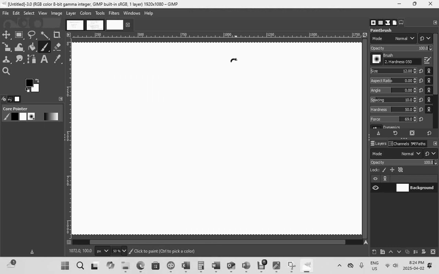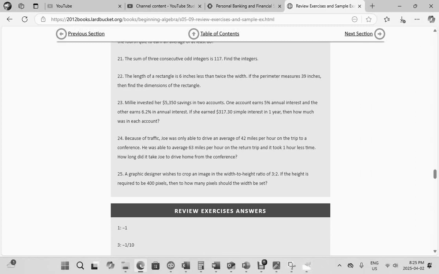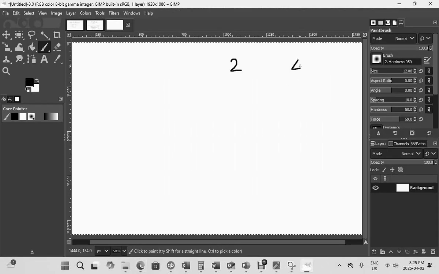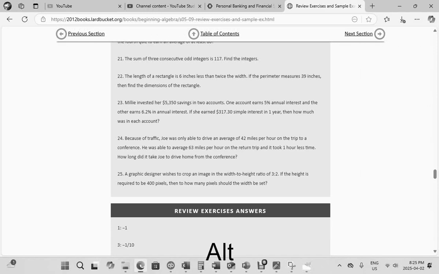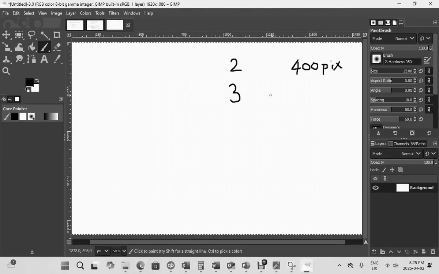So we know that from our ratio 3 to 2, 2 has to do with height. We know that 2 is 400 pixels. So now we need to find what 3 is. So 3 is how much? This will be 3 into 400 divided by 2 is equal to x.